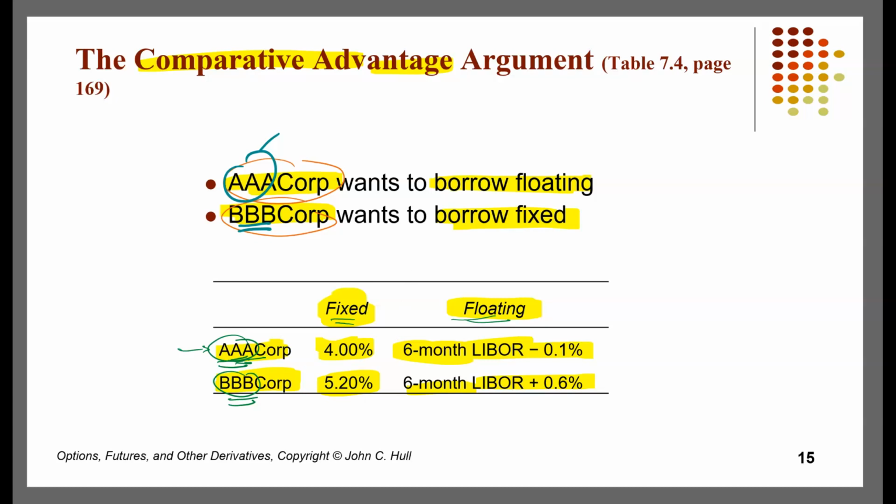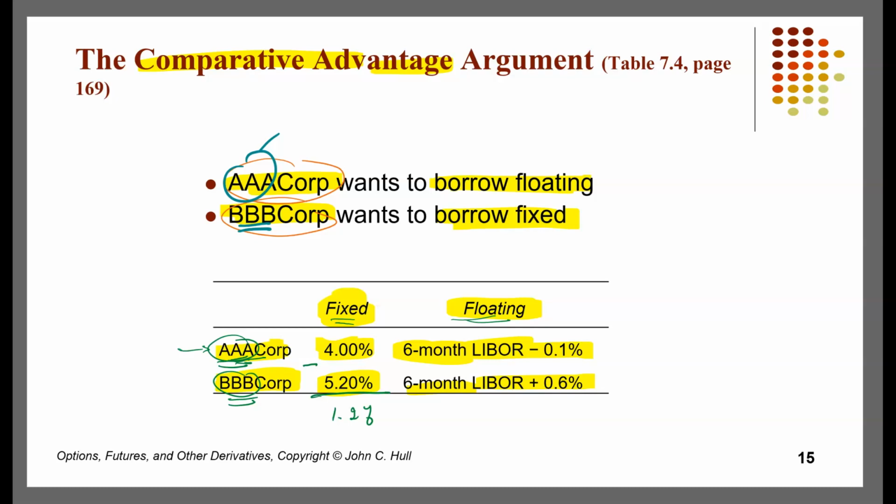In our fixed rate market, this is what we're going to have. We're going to look at the difference between the rate of BBB and the rate of AAA. If we just do the subtraction, the difference is 5.2 minus 4, which is 1.2%. That is a 1.2% difference in the fixed rate market.